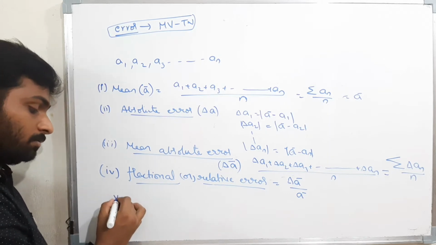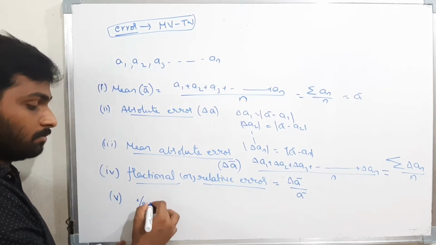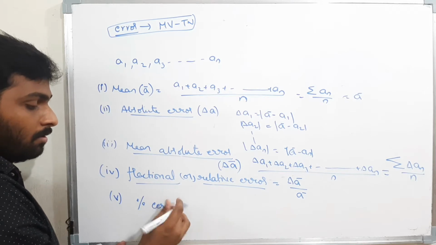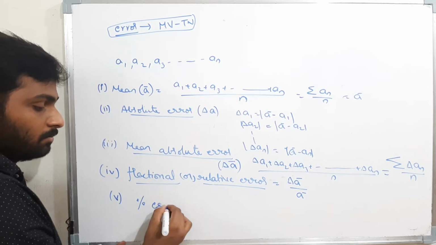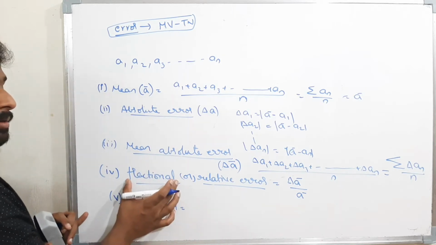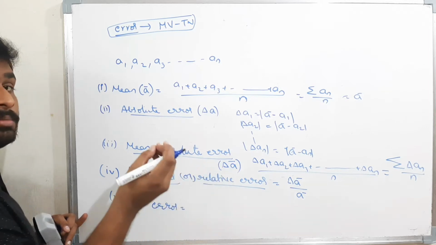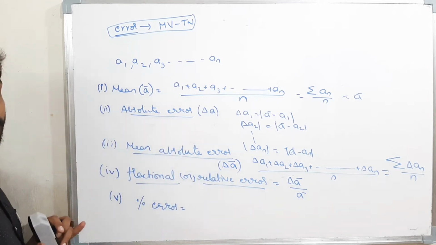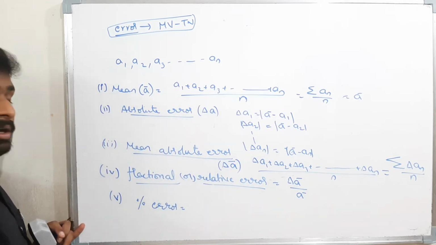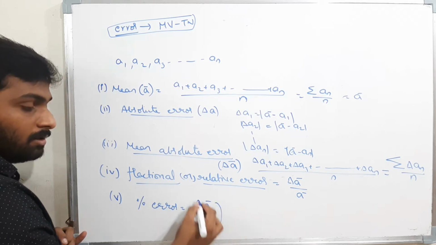Now the fifth one. What is a percentage error? When I represent the fractional or relative error in terms of percentage, that is the percentage error. It is simply delta A bar by A bar, which is the relative error.